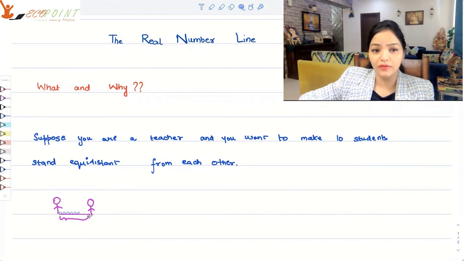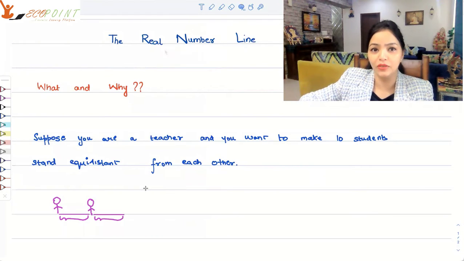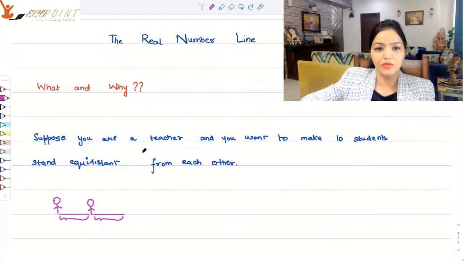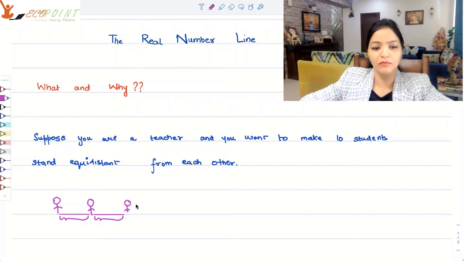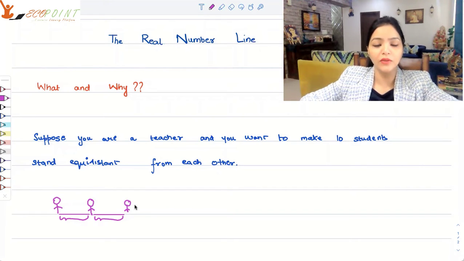Since I'm working with a software tool, I'm going to mark exactly this line out here. Now I will place the third person out here, and I know that this third person is absolutely equidistant from the second person, which is what I actually wanted.